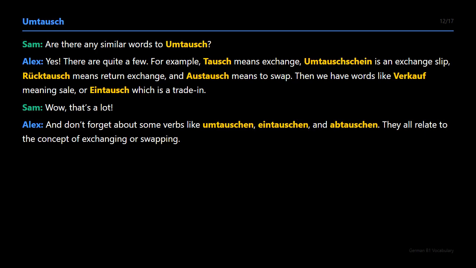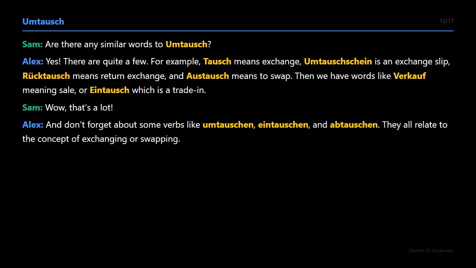Then we have words like Verkauf, meaning sale, or Eintausch, which is a trade-in. Wow, that's a lot.